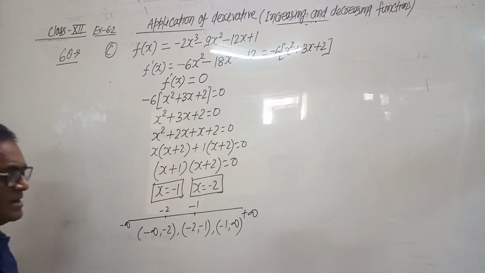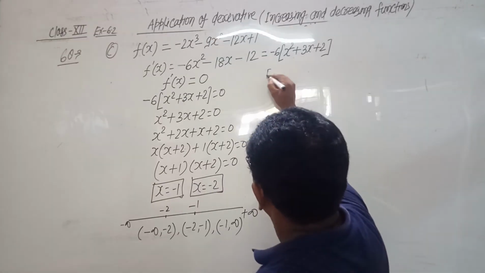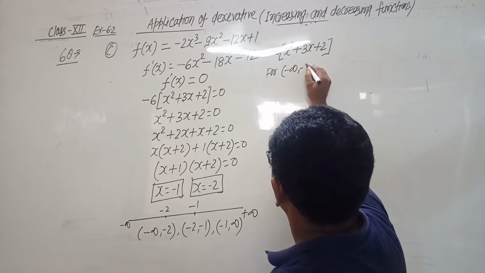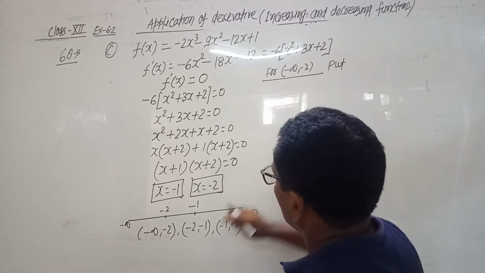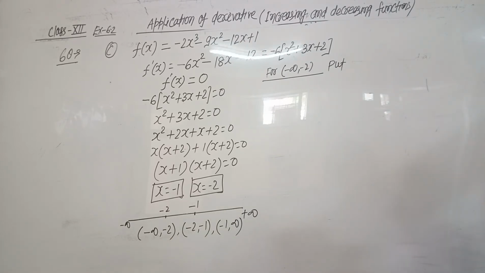There are three intervals. One by one we observe. For minus infinity to minus 2, put any value lying between minus infinity to minus 2.